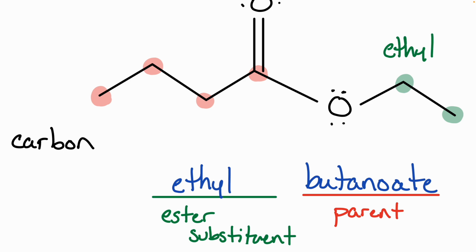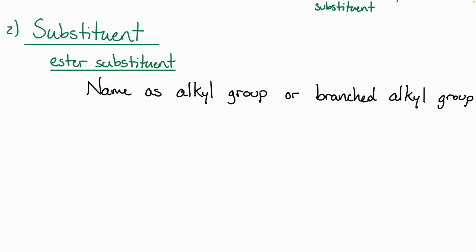Importantly, carbon 1 is always what's bound to that oxygen. So we can just make note here: or branched alkyl group with C1 bound to that oxygen.